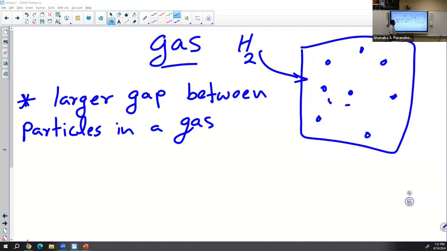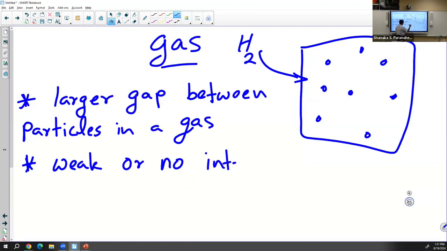So there's a large gap between particles, and because of the larger gap, interactions between particles are less. So weak or no interactions between particles. That's why these particles stay far apart.